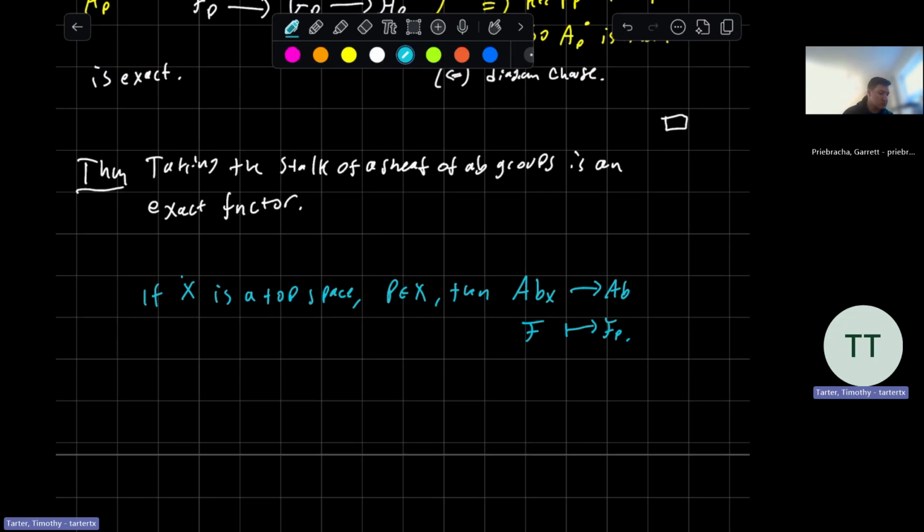And anytime we say that a functor is left exact, it means that we can get a cohomology on this. And anytime that we can say that a functor is totally exact, it means that we have basically a trivial cohomology. So, taking the stalk of a sheaf of abelian groups, well, the sheaf cohomology on stalkification is trivial, right? That's what we're saying.